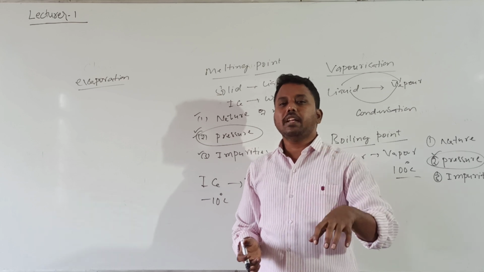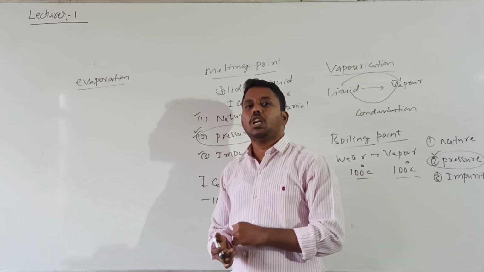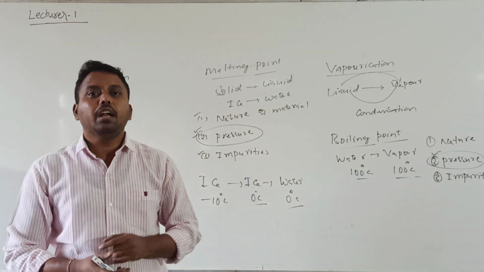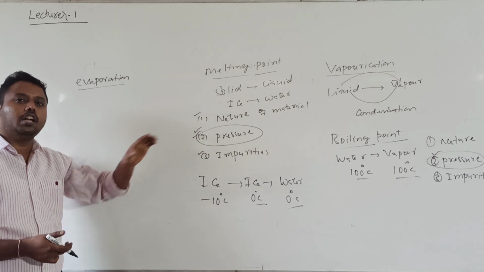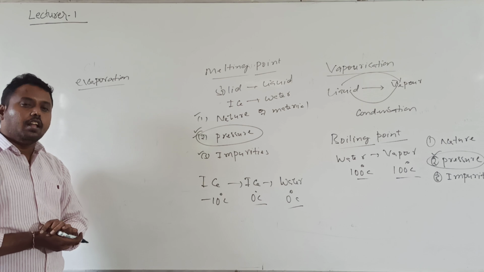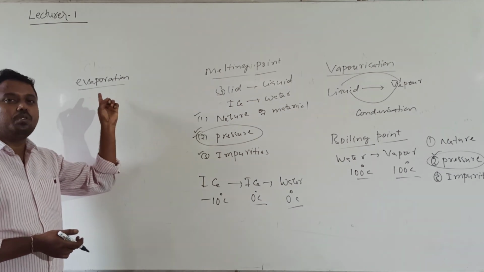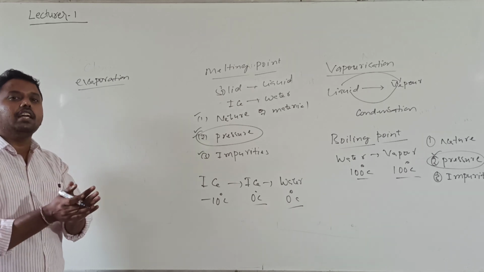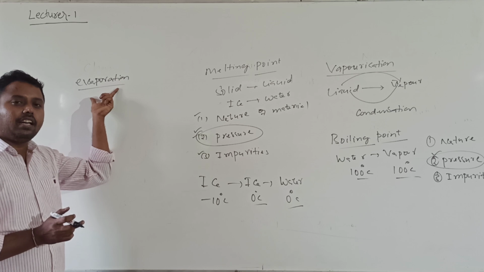So evaporation means the escaping of molecules from the surface. That is called evaporation. Boiling will occur only at the boiling point temperature. Evaporation will occur at any temperature, but evaporation will take place slowly. You should get the difference between evaporation and boiling clearly.